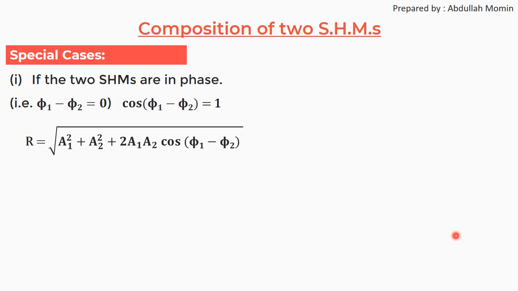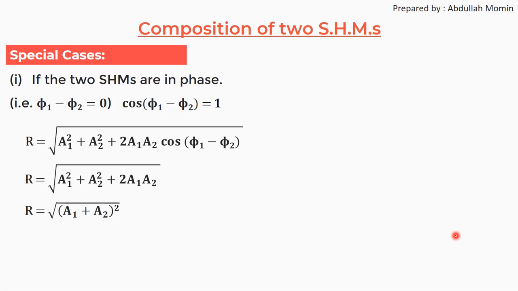So we are going to put this in the equation of r is equal to root of a1 square plus a2 square plus 2a1 a2 cos phi 1 minus phi 2, and cos phi 1 minus phi 2 is 1. So we will write r is equal to root of a1 square plus a2 square plus 2a1 a2, and this is the formula of a1 plus a2 whole square. Square and root get cancelled, and we will get r is equal to a1 plus a2.